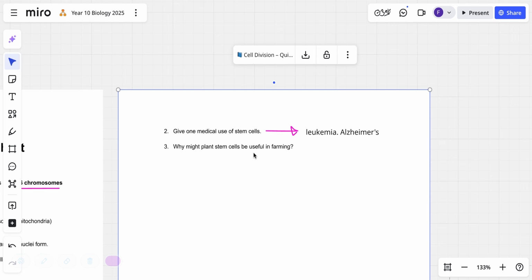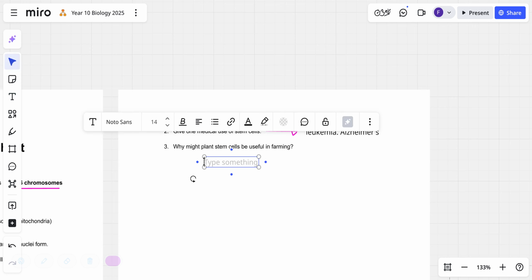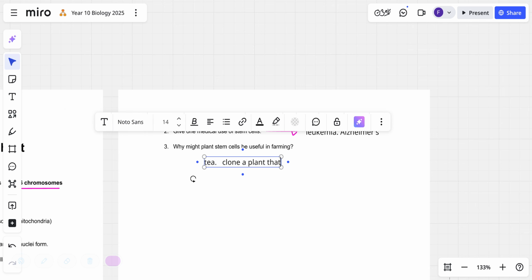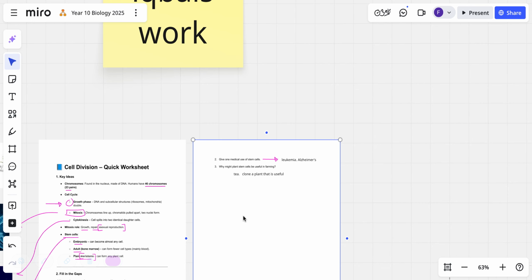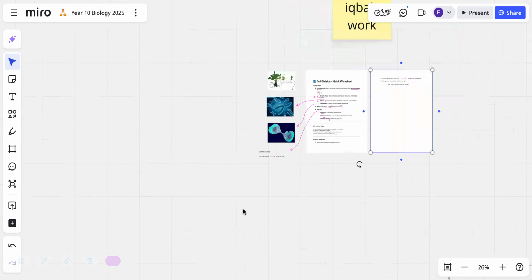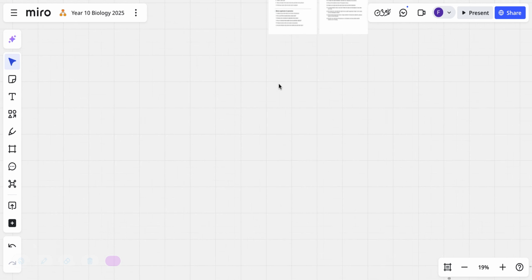Now, why might plant stem cells be useful in farming? The big one is bananas. Or, let's look at tea. People want a type of tea that tastes right, so you can clone a plant that is useful. Okay? That's why.